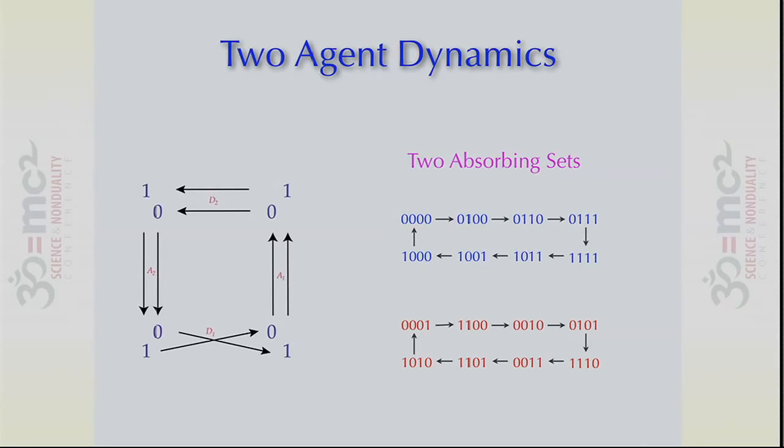Whenever you have a dynamics like this, it turns out that there is going to be cyclic behavior. In this particular case, the cycles are a state. The first thing over here is 0, 0, 0, 0. Suppose I start off these two agents where this agent is seeing 0, its action is 0, this one is seeing 0, and that action is 0.